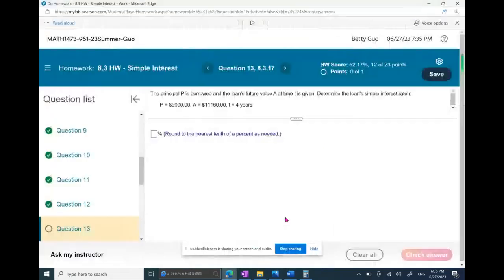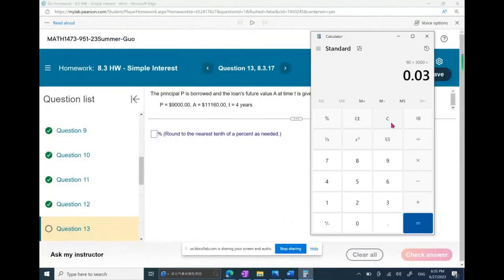If you really understand what's going on with the interest, you can do this quickly. So I'm going to use the future value of the loan minus the principal, 11160 minus 9,000. That's the interest for how many years? For 4 years. If you divide that by 4, that's the interest for every year, right?